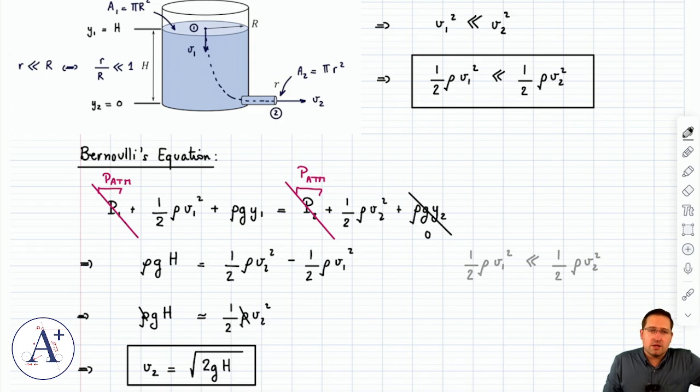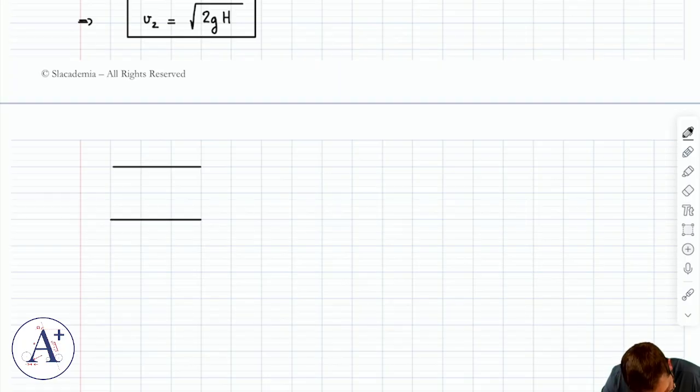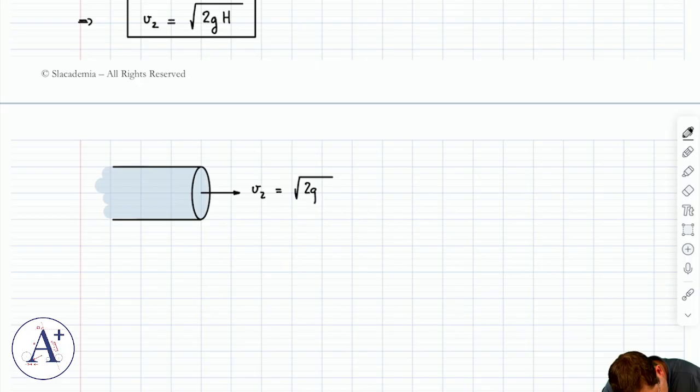Okay, so that tells you what V2 is, which means that now we can compute the volume flow rate out of the tank because we know A2 and we know V2, so that's pretty straightforward. So we did Bernoulli and continuity, and that told us basically everything we need to know. So a good idea is always to write both. And then here we're saying this is the spigot, and the water is going to come out of this thing at a speed V2 is square root of 2gh.